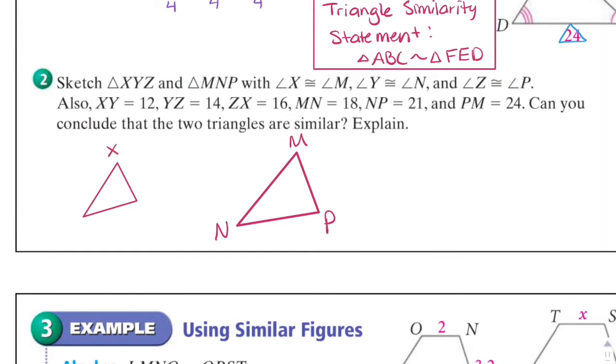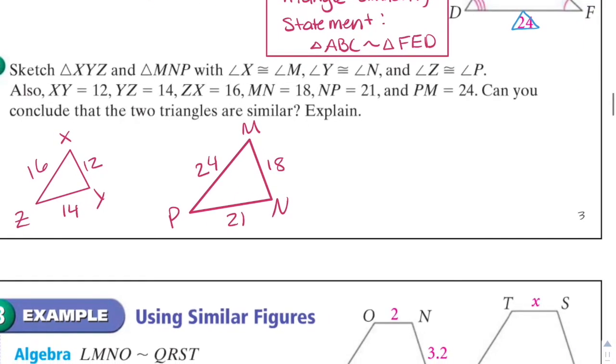Let's do XYZ. So 12, 14, and 16. It looks a little bit better. So then I'll do M and P, and I'll do 18, 21, and 24.